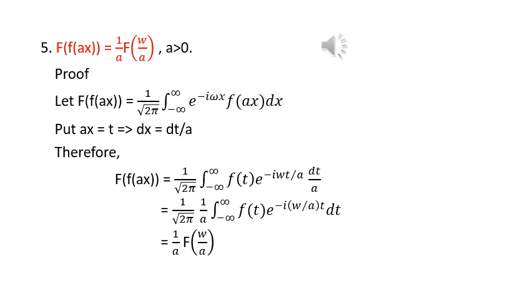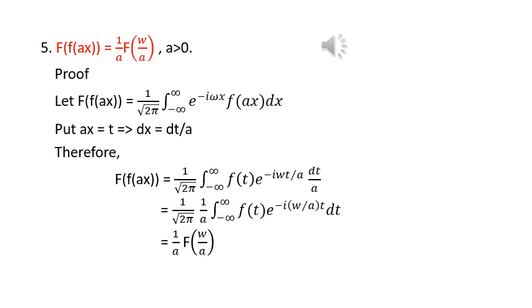Then here 1 by a is constant, so it can be taken outside. It is 1 by root 2 pi, 1 by a, integral minus infinity to infinity f of t e raised to minus I into omega by a the whole into t into dt. Compare this with the Fourier transform, which is 1 by root 2 pi integral minus infinity to infinity f of x e raised to minus I omega x dx.